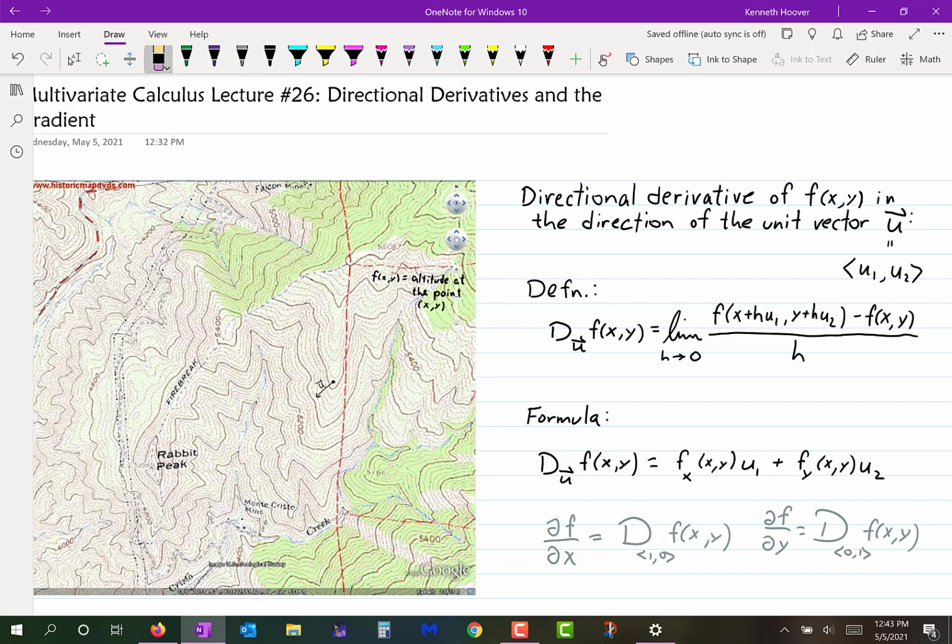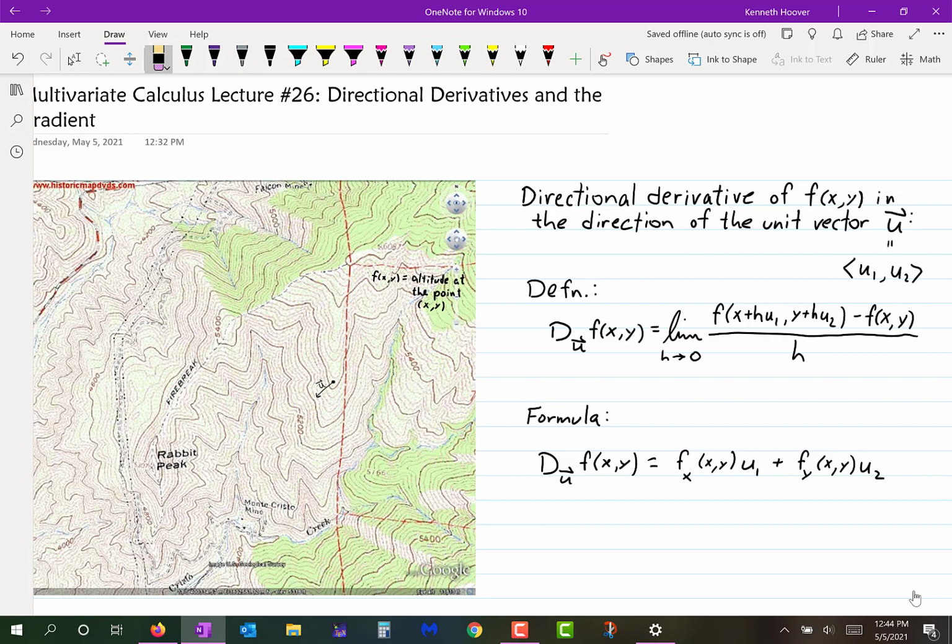Okay? Now this is going to be a number, right? It'll give you some formula with x's and y's in it, and then you plug in the coordinates x and y depending upon what point you're at, and you'll get a number. Okay, that should make sense.